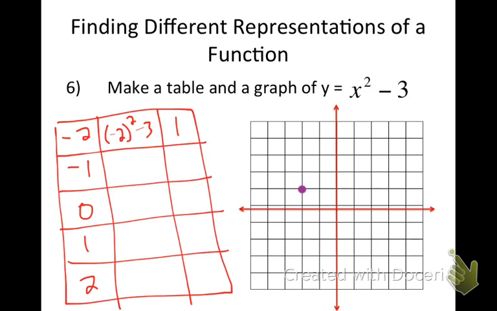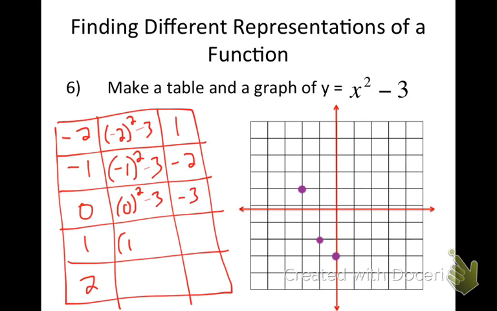Okay. So next one I have -1 squared minus 3. What's -1 squared give me? 1 minus 3? -2. So I get -1, -2. Then I have 0. So 0 squared minus 3. 0 squared is 0. Minus 3? -3. 0, -3.